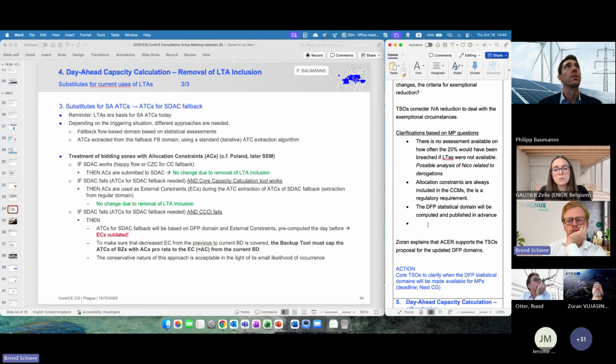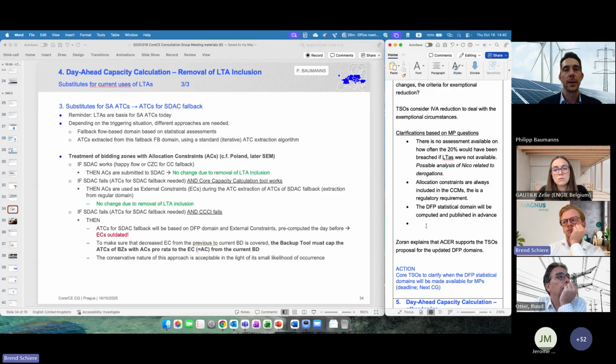Okay, then to conclude on that aspect, the last and small thing is that the DFPs are used as shadow auction ATCs today. And of course, if there are no LTAs anymore, we cannot use that as well. Depending on the triggering situation, different fallbacks would be applied.